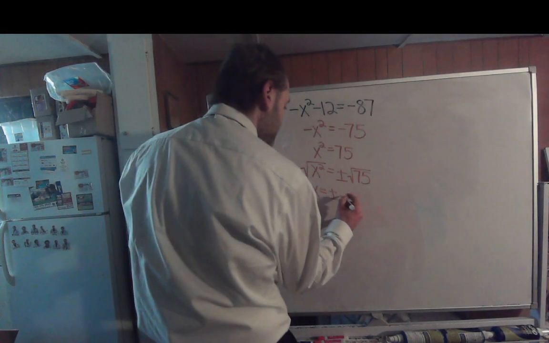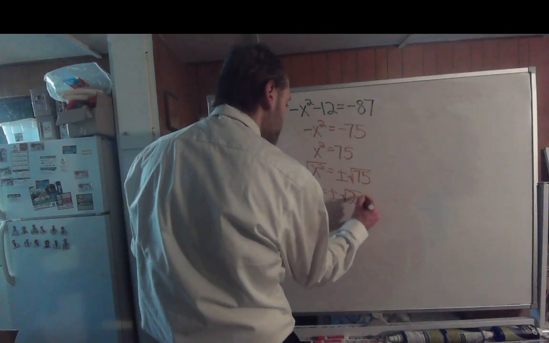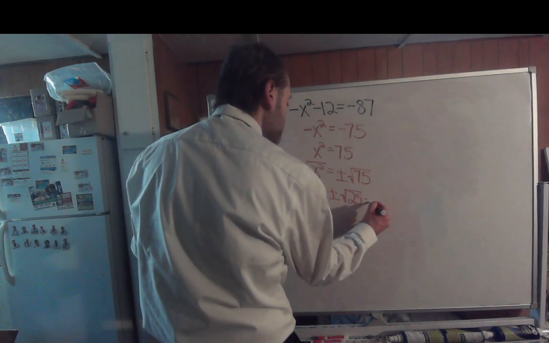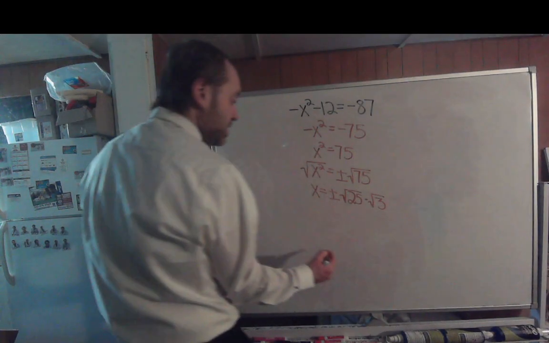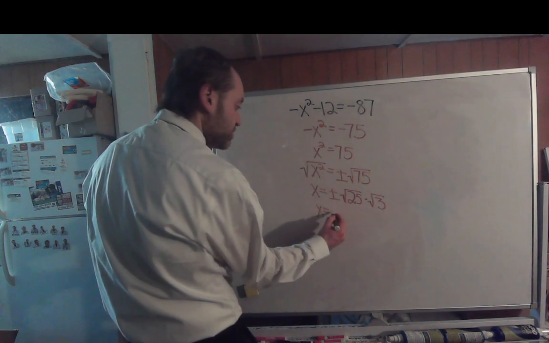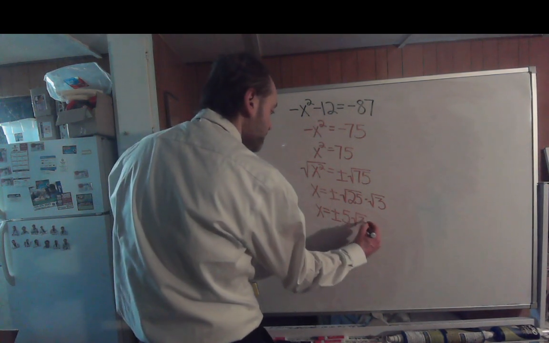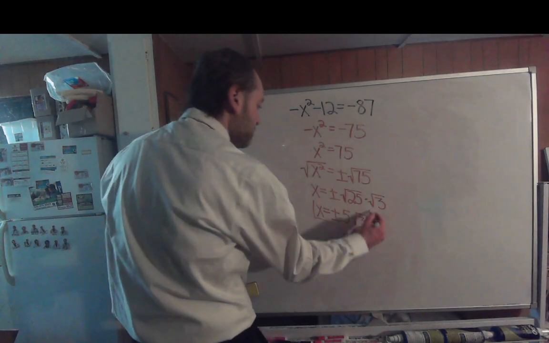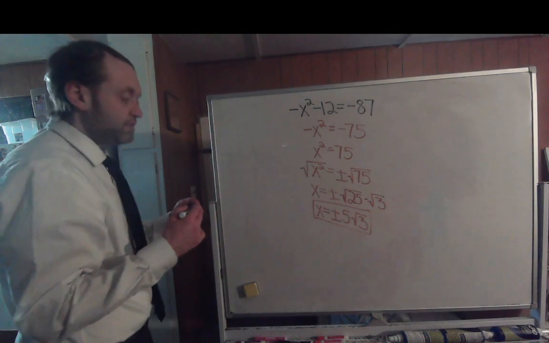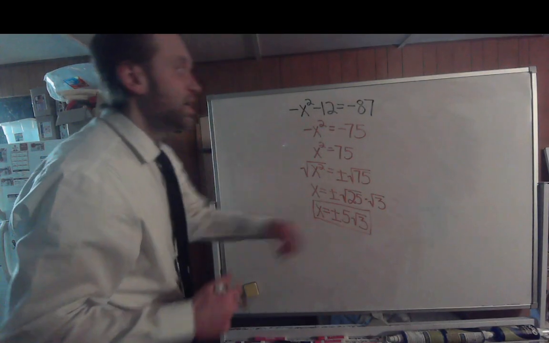So this will break down into plus and minus the square root of 25 times the square root of 3, which would mean that x is equal to plus and minus 5 times the square root of 3. So those would be your two solutions. X equals both plus and minus 5 times the square root of 3.